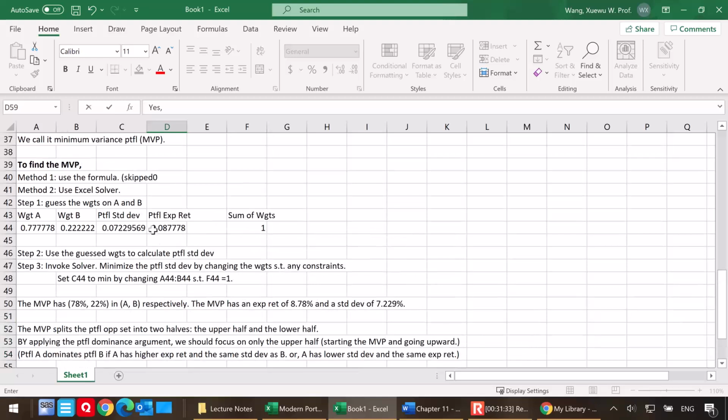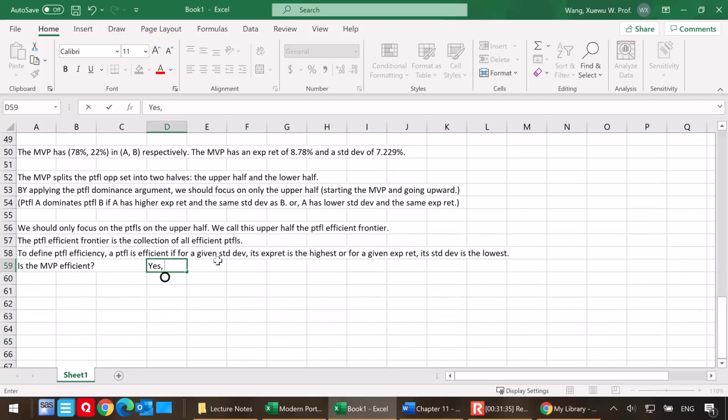So by construction, that portfolio is efficient. All right, yes. Okay, because out of all portfolios that deliver the 8.78% expected return, the MVP has the lowest standard deviation. Okay, so that is an efficient portfolio.